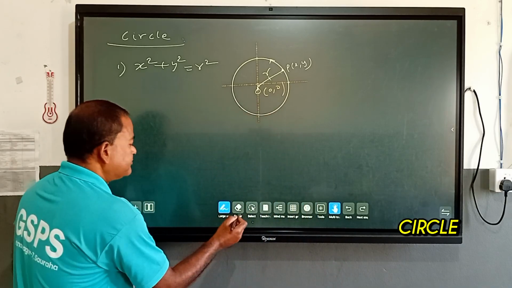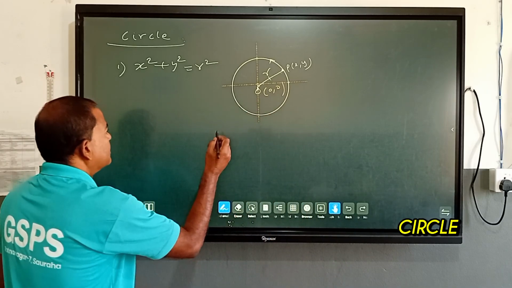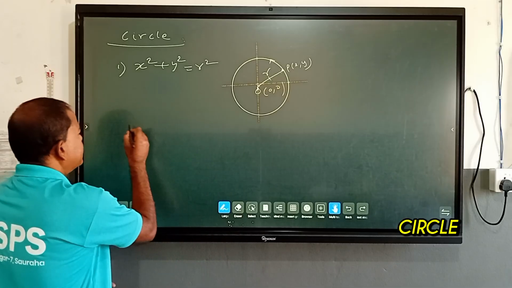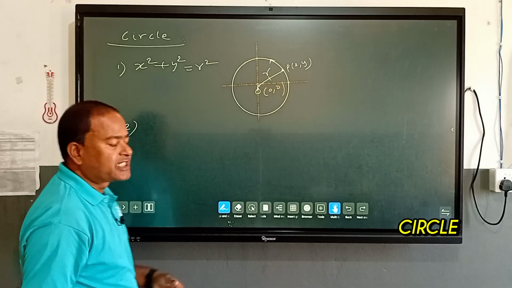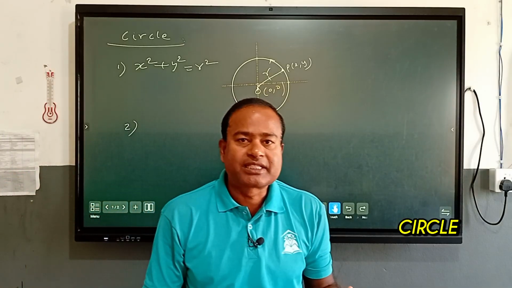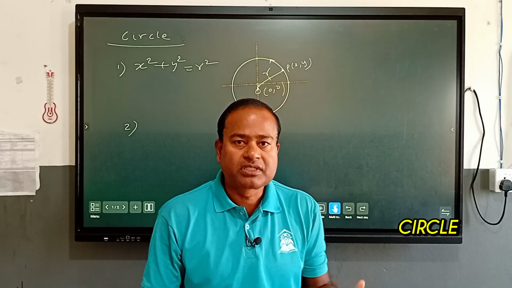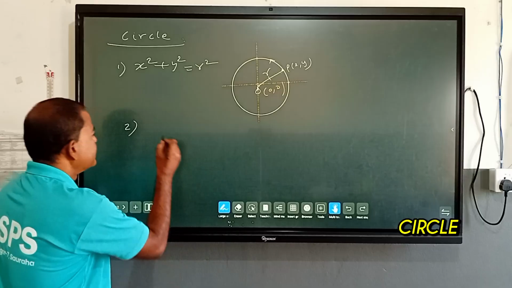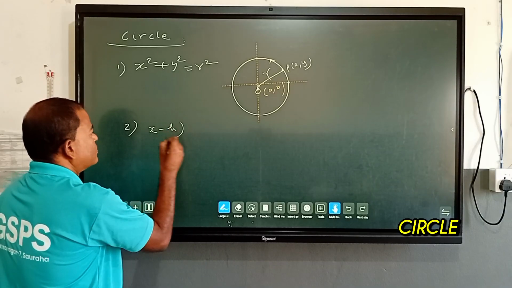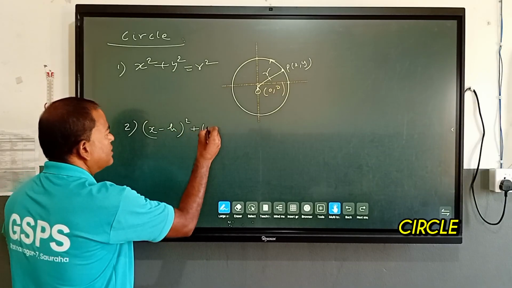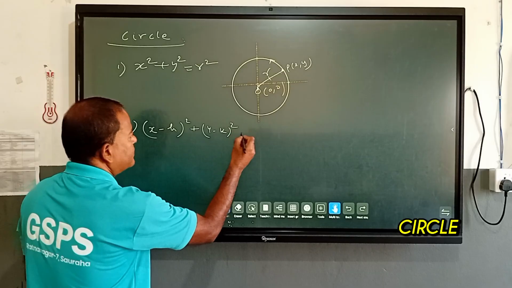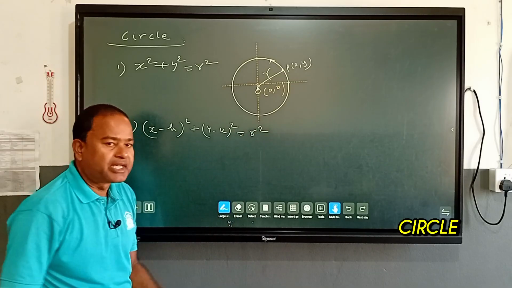Dear students, the second formula of equation of circle is called the equation of circle in the central form. The equation of a circle in the central form is (x minus h) whole squared plus (y minus k) whole squared equals r squared.